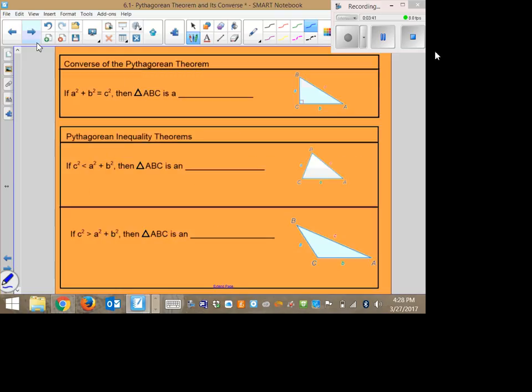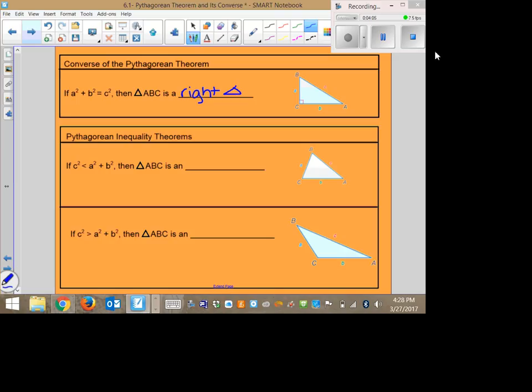So the converse of the Pythagorean theorem: we said that if it is a right triangle, then a squared plus b squared equals c squared. Well, we can go the other way as well. If a squared plus b squared equals c squared, then triangle ABC is a right triangle. Also, we have the Pythagorean inequality theorems.